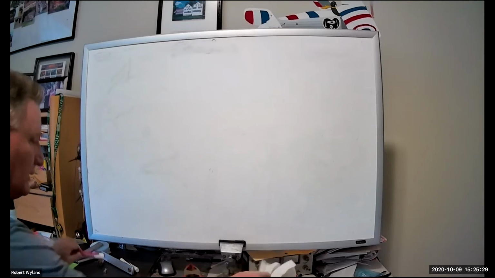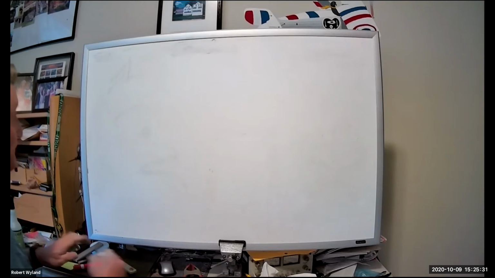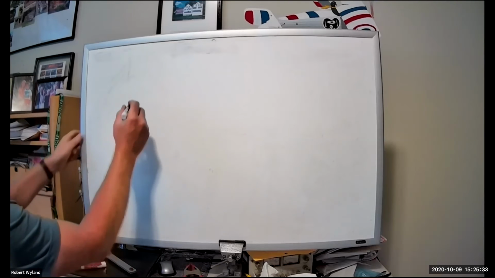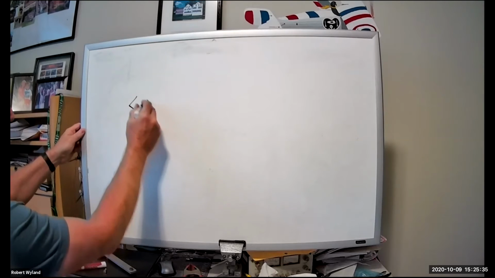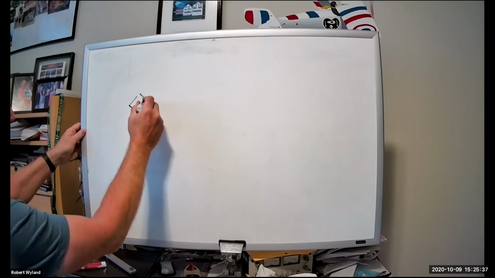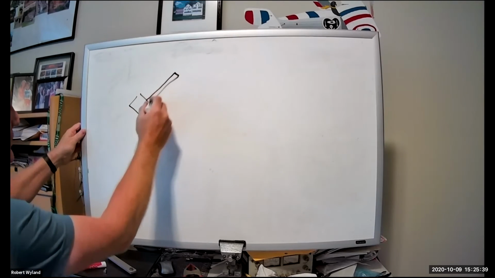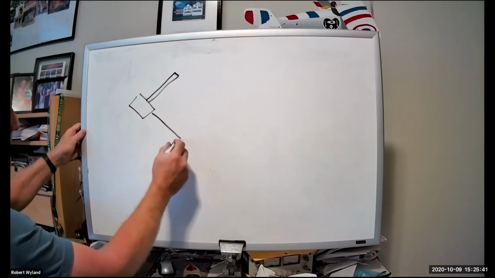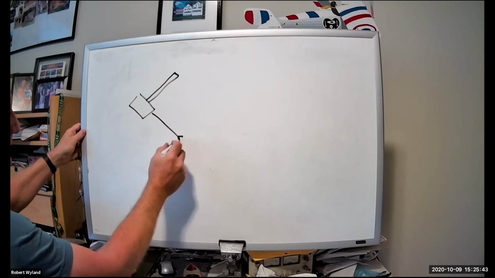So I think we're up to a smooth collar on a smooth shaft. Let me draw that up. We've got a collar, and we've got a fixed stick on the collar, and we've got a shaft.